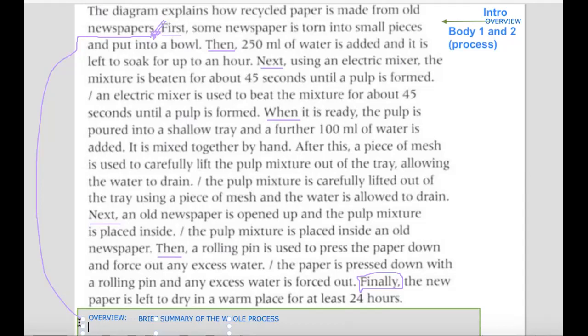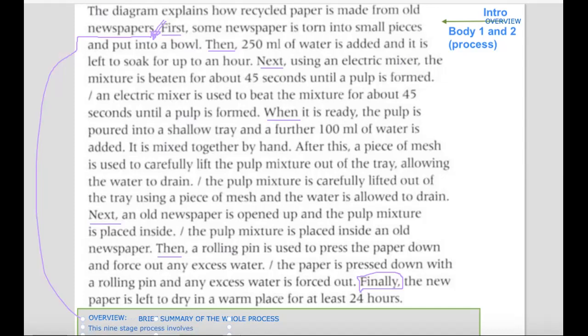Okay, so for this, we don't really want to start with overall. We can think about how many stages there are in the process in order to start. So you could put something like this: 9-stage process. Okay, so if you know how many stages there are, you could say something like this: 9-stage process involves.